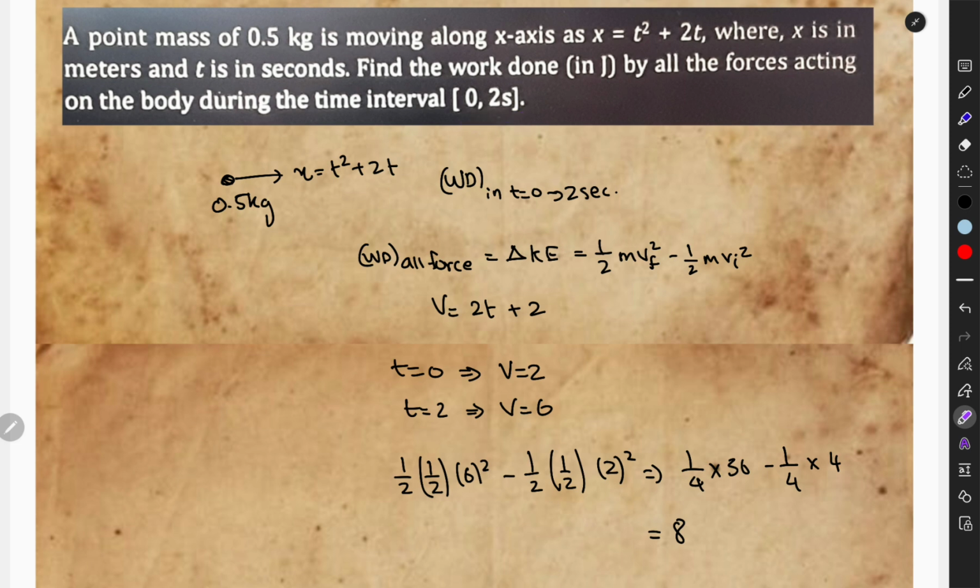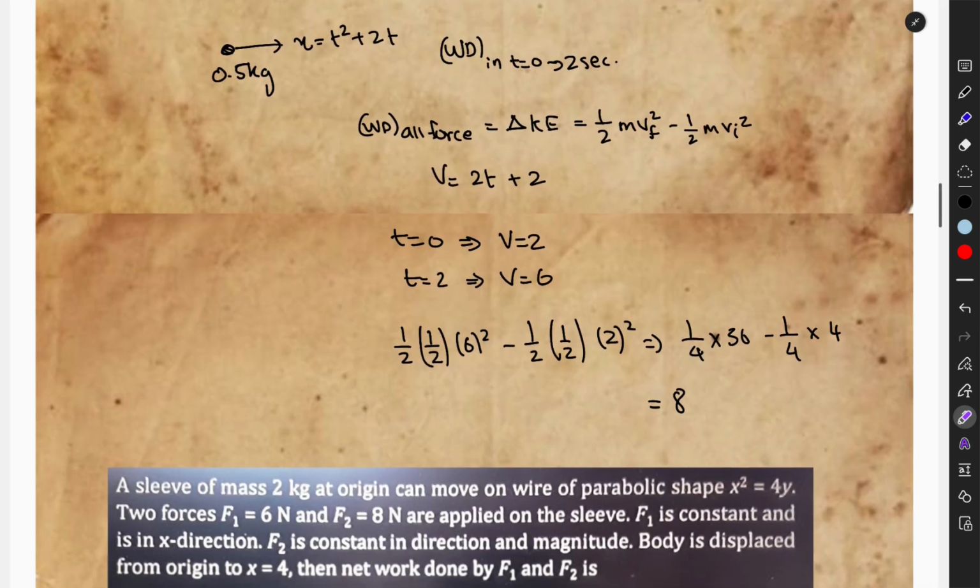So basically, for the work done by all the forces, you just need to differentiate it to get the velocity equation. Then put t is equal to 0 and t is equal to 2 in the equation, and you will get the initial and final velocity, and you can find the change in kinetic energy, which will be equal to the work done.